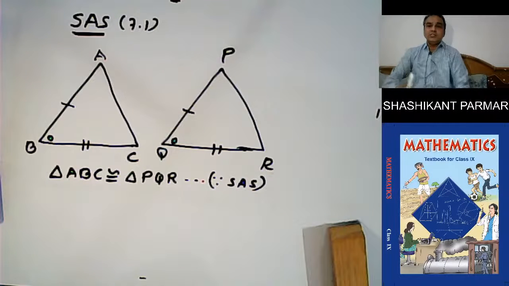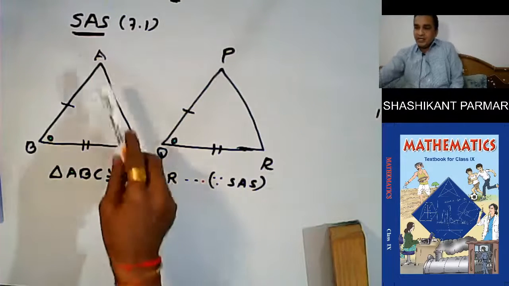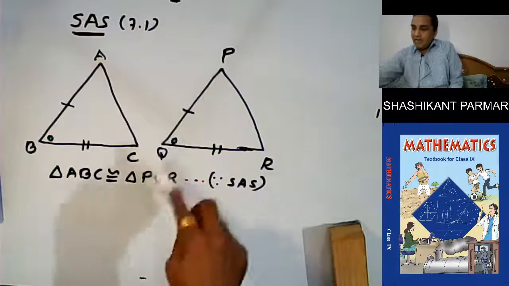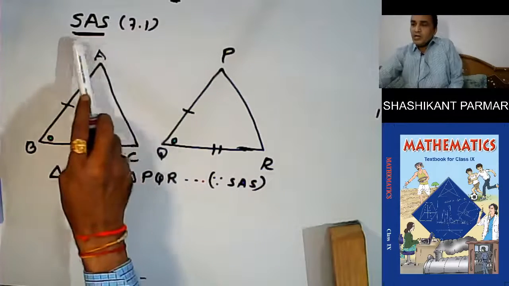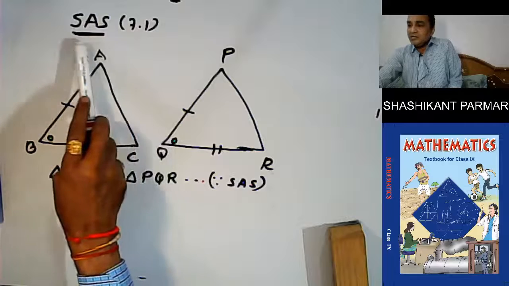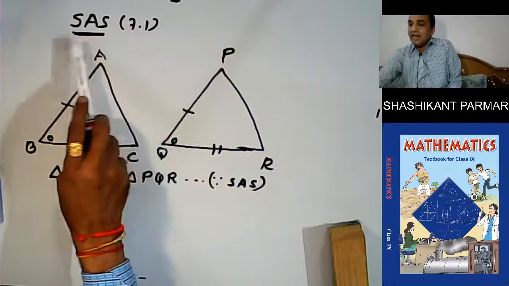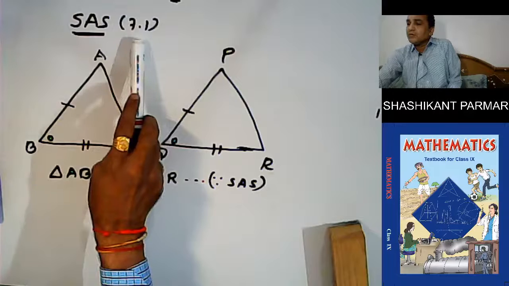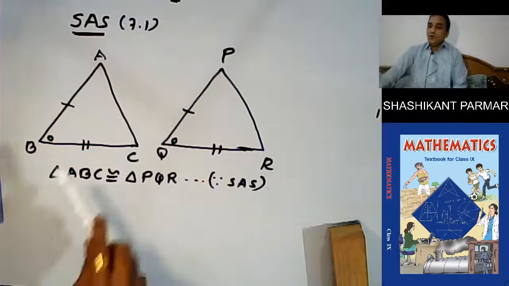See this figure. Here is triangle ABC and triangle PQR. We are discussing SAS, side angle side rule, Axiom 7.1.